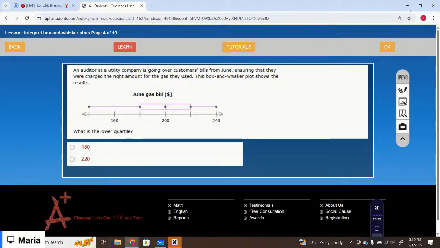The lower quartile is 180. Option number one is the correct option.